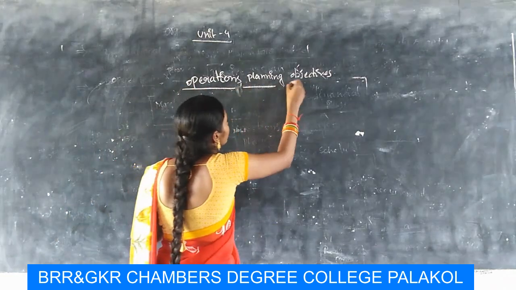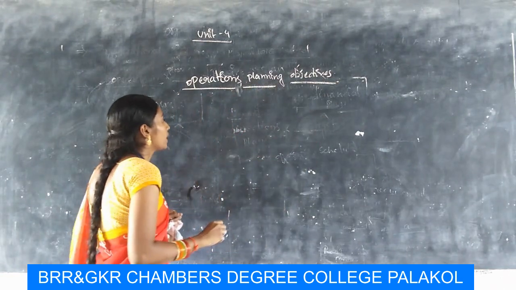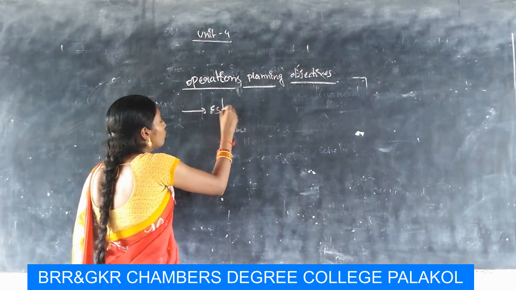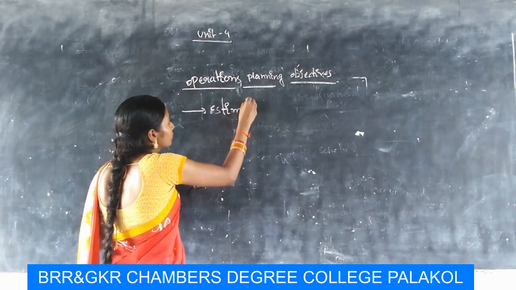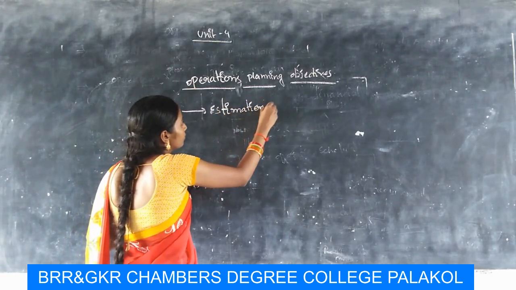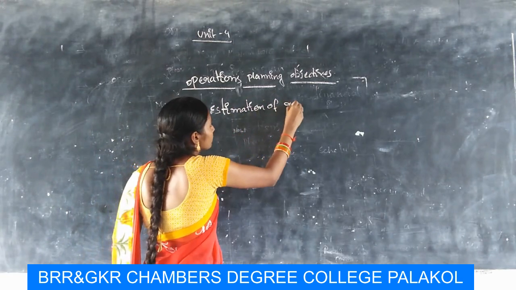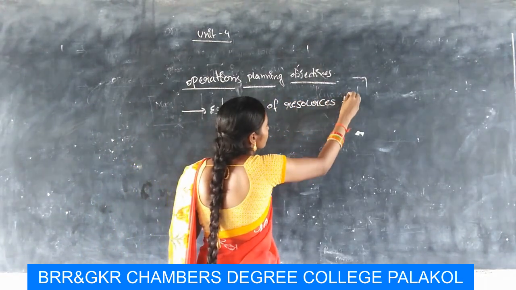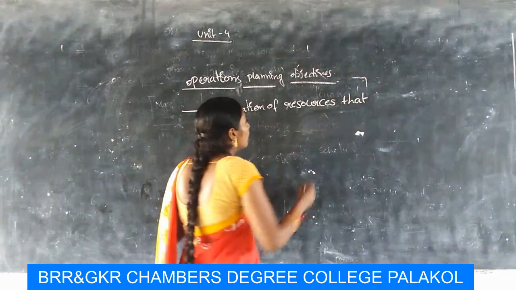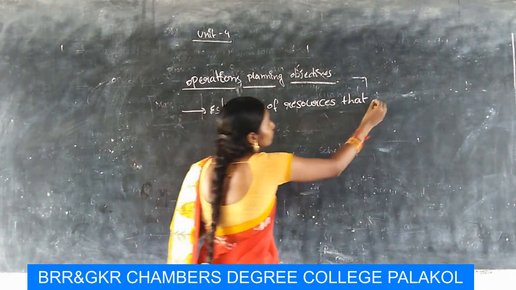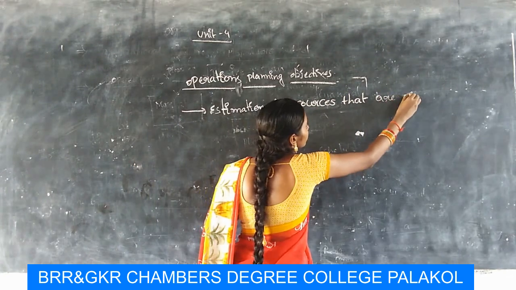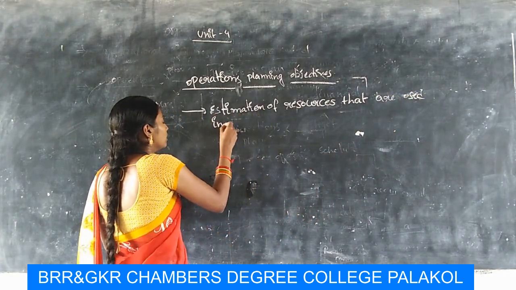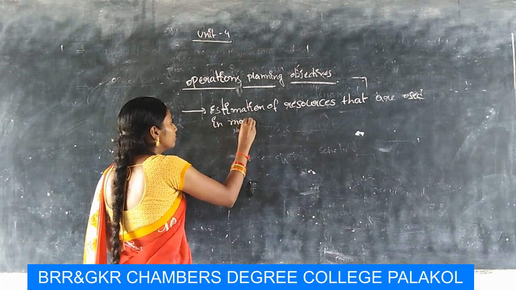There are four objectives regarding operations planning. The first one is estimation of resources that are used in manufacturing.